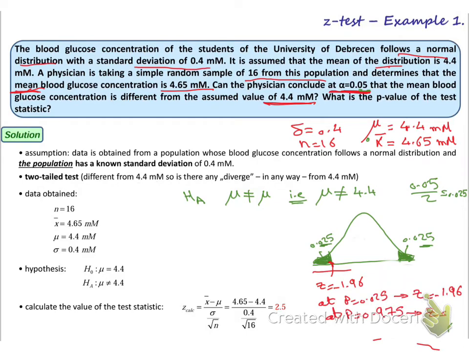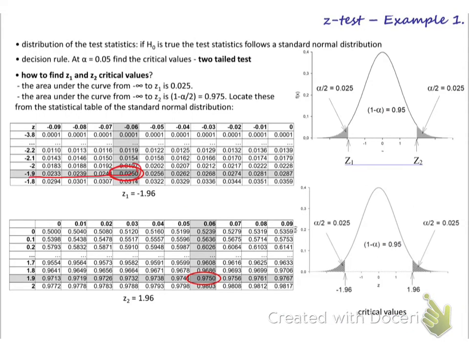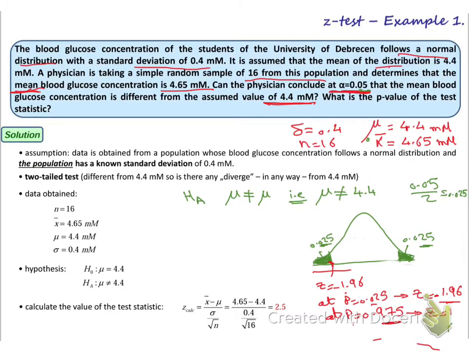So at P equal 0.025, Z was equal to minus 1.96, which is this one. And at P equal 0.975, Z will be, let us get it from the table here, it is here, so it will be positive 1.96. So here Z will be 1.96, and here Z is minus 1.96.